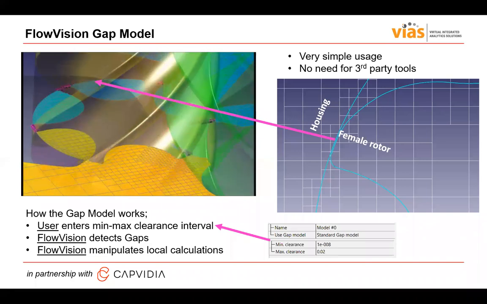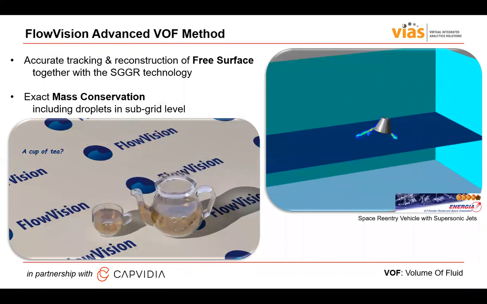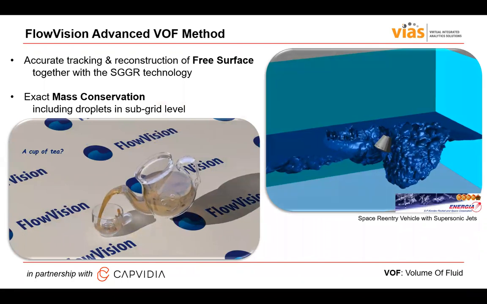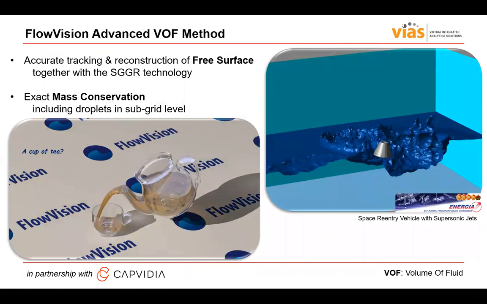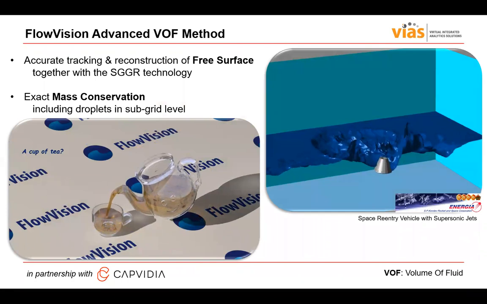The next topic of mine is the multi-phase methodology, and specifically the advanced volume of fluid method. I'm sure the volume of fluid method is already well known from the literature and from most of the CFD software available on the market. What we are doing here is the representation and tracking of the free surface.